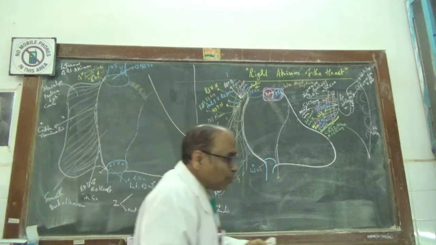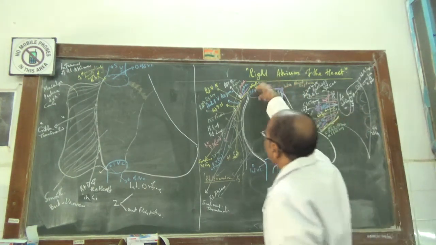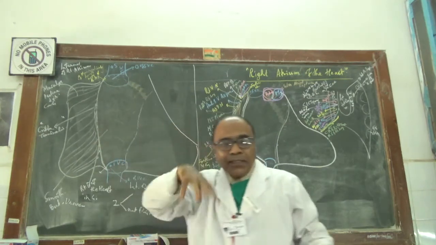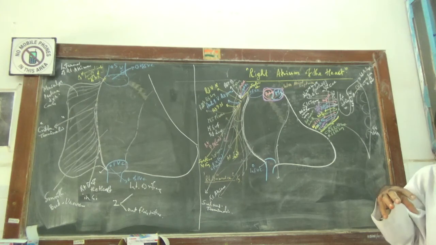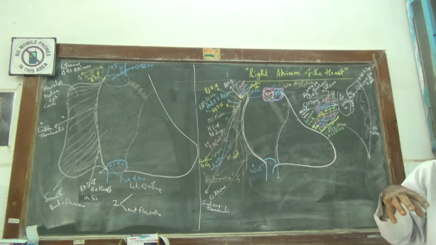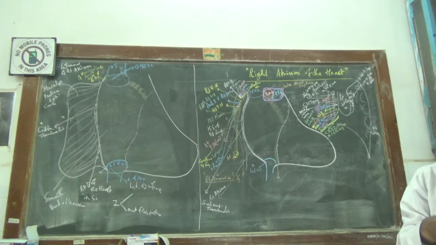The orifice of the superior vena cava is almost round, directing downwards, a little backwards, and then towards the left.